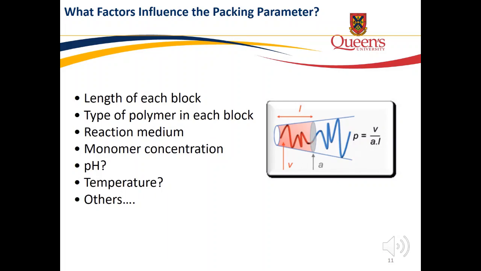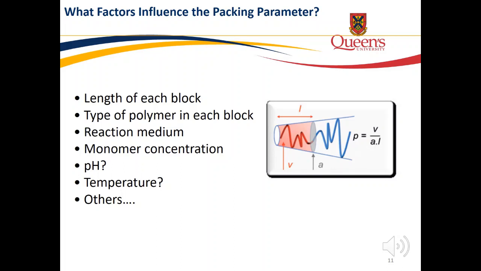What are the factors that influence the packing parameter? The length of each block is certainly one. The type of polymer in each block, of course, is important. The reaction medium that they're in, the monomer concentrations, and the pH can affect the configuration, depending on if you have pH-sensitive monomers, for example.